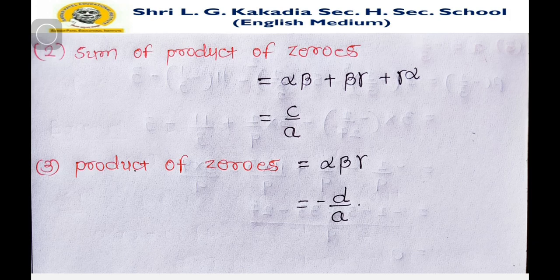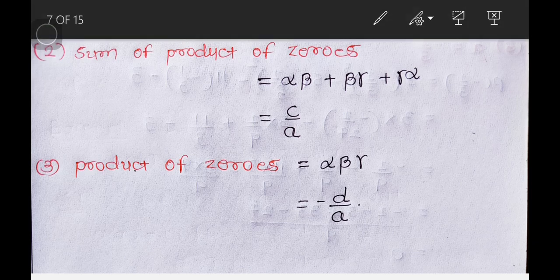Now the second relationship, that is the sum of product of zeros. First we take the product of two zeros and then we do addition.